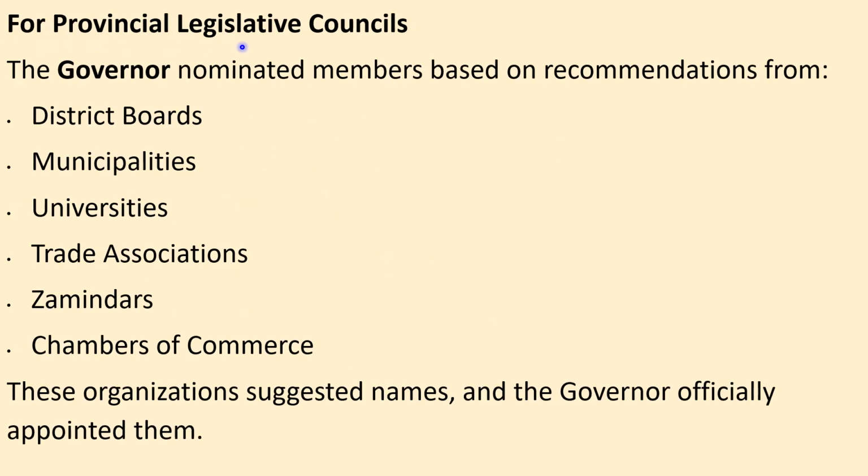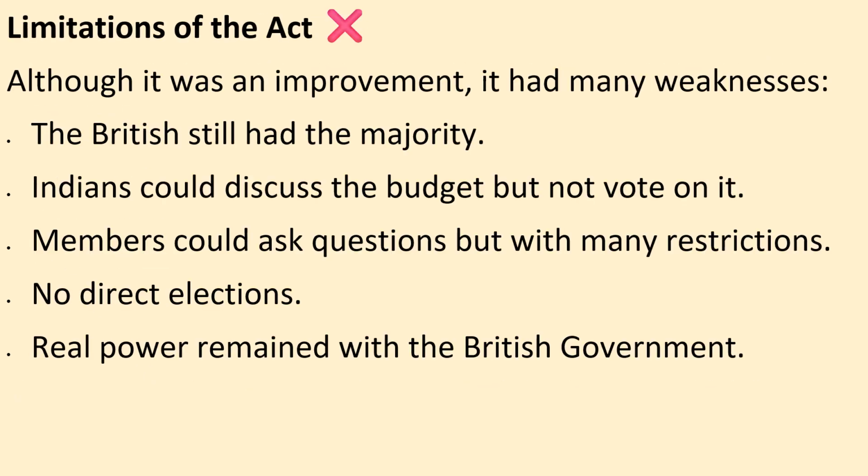For provincial legislative councils, the governor nominated members based on recommendations from district boards, municipalities, universities, trade associations, zamindars, and chambers of commerce. These organizations suggested names and the governor officially appointed them.